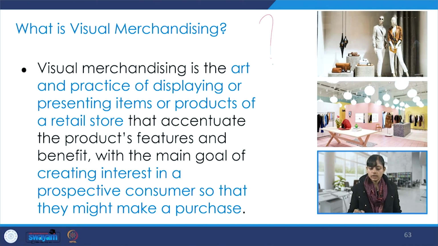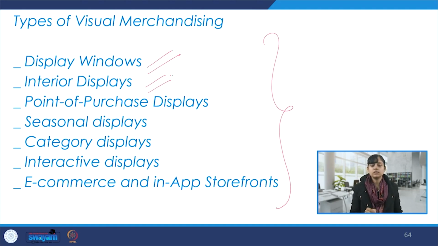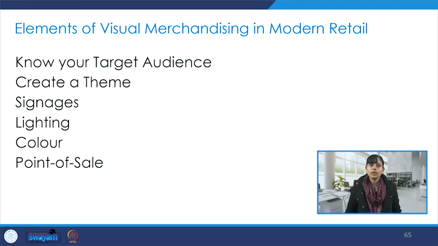So, starting with what is VM, we tried to understand the types of visual merchandising, which could be display windows, interior displays, point of purchase displays, seasonal displays, category displays, interactive displays, and very important these days, e-commerce and in-app storefronts.